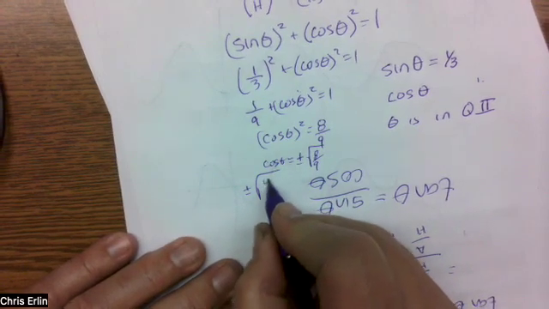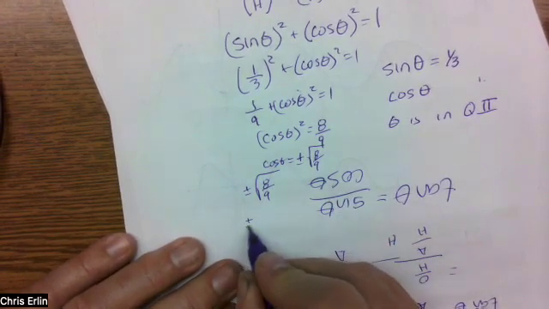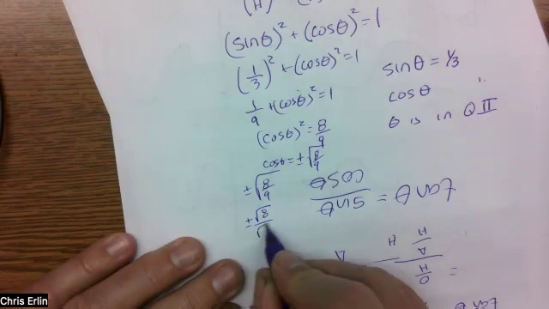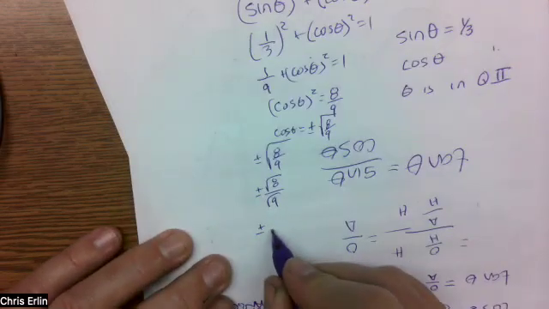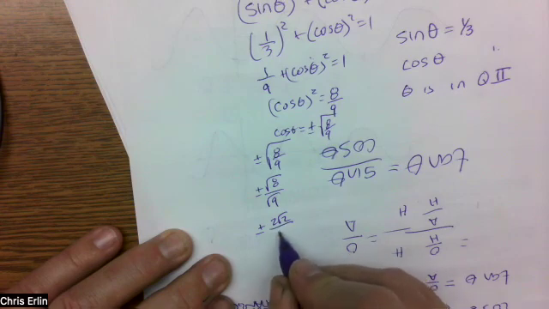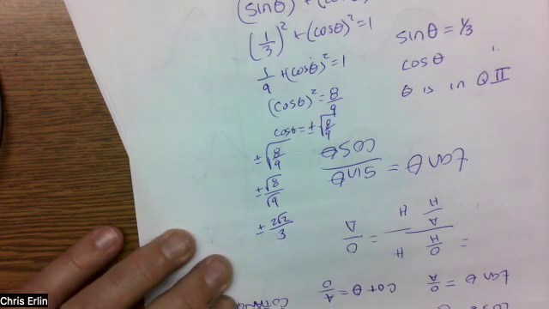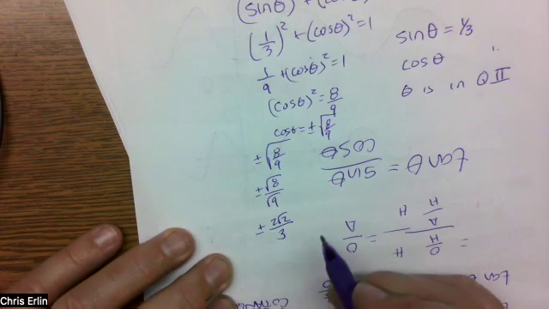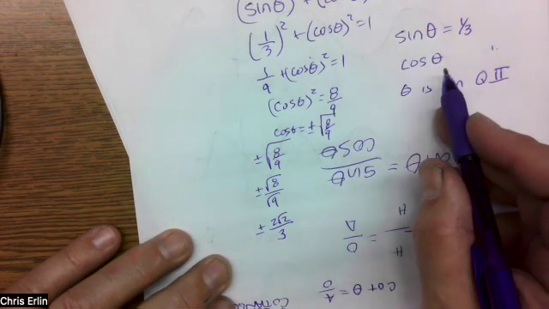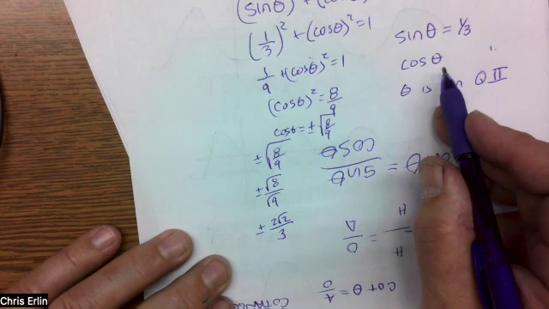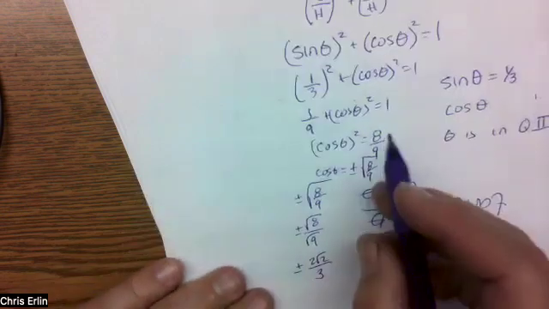Plus or minus root 8 over 9 is the same as plus or minus root 8 over root 9, plus or minus 2 root 2 over 3. So in other words, I know that the cosine is either plus 2 root 2 over 3 or minus 2 root 2 over 3. How could it possibly be two different values?